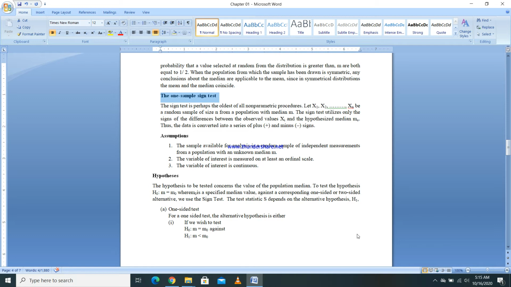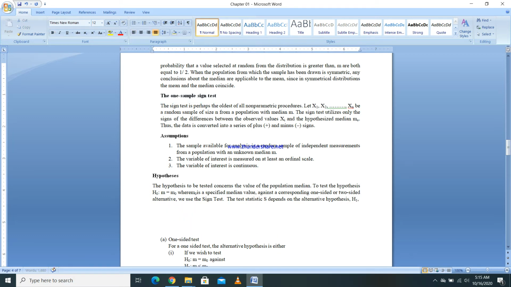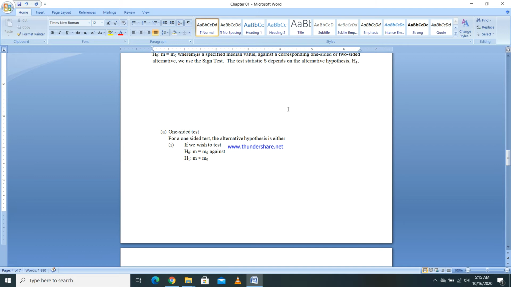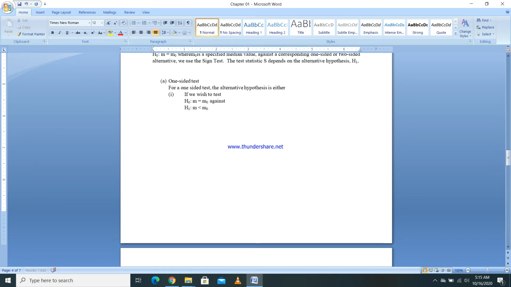When it comes to the one sample sign test, you can perform a one-sided test or a two-sided test using the sample values. I'll explain one by one. First, let's see how to use one-sided tests.